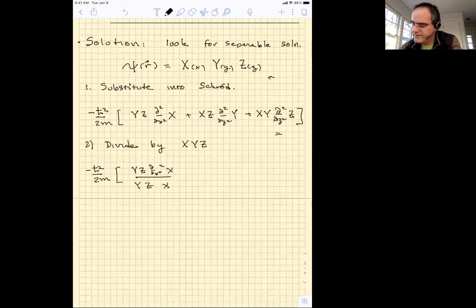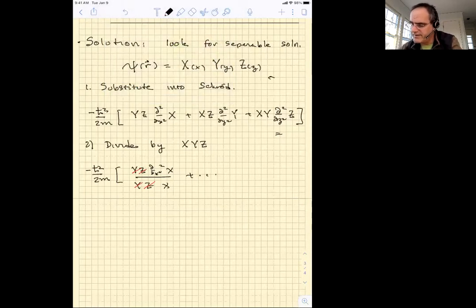Let's just look at the first term, and you'll see that when I write it this way, the y and z functions cancel out, and we'd be left with just the second derivative of x divided by x. And continuing, we'd have two more terms on the left-hand side.